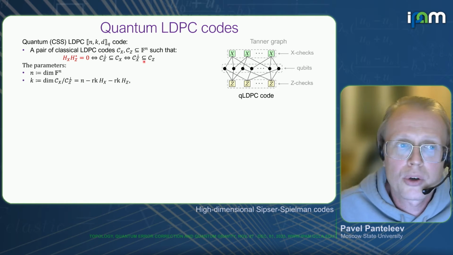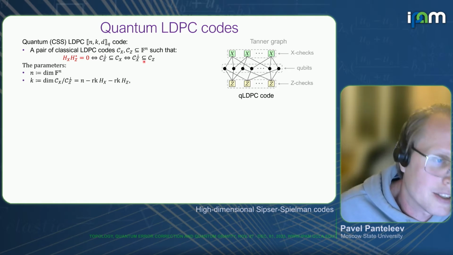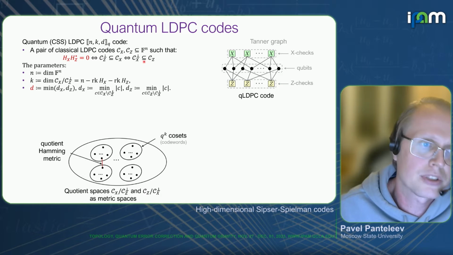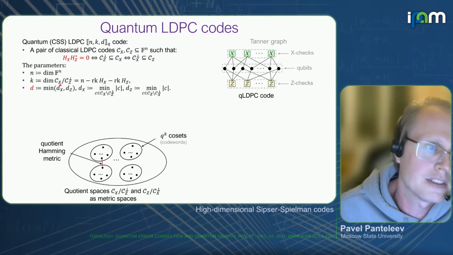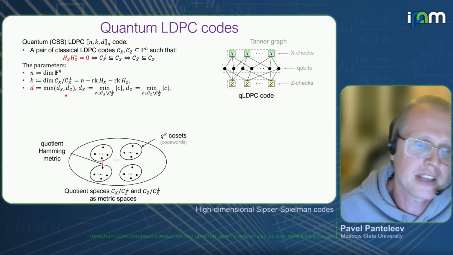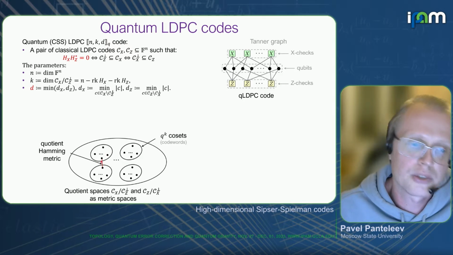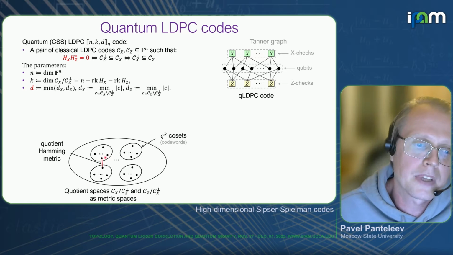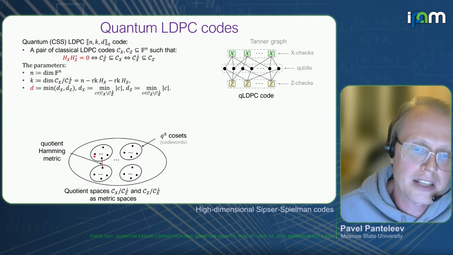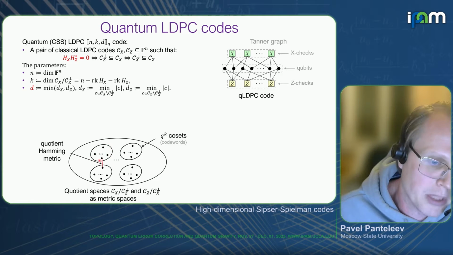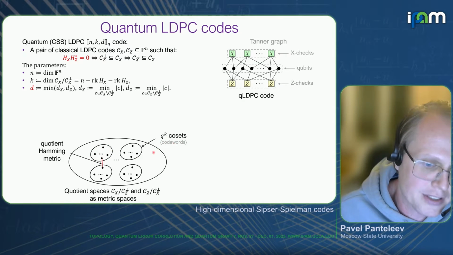Okay. Quantum codes also have similar definitions of the parameters. They have the dimension, they have the minimum distance, and here the geometrical picture is a little bit different. Instead of individual bit strings, we consider rather some groups of bit strings that form cosets.